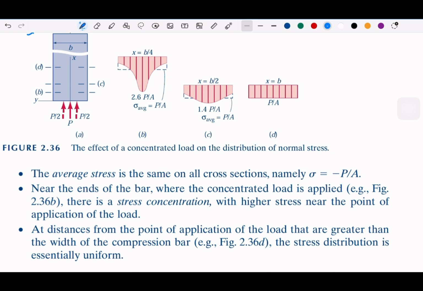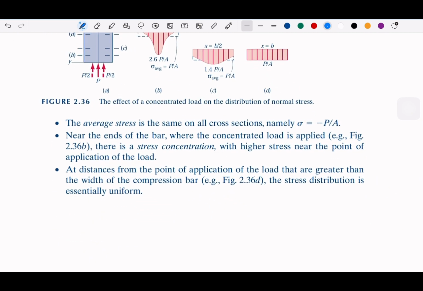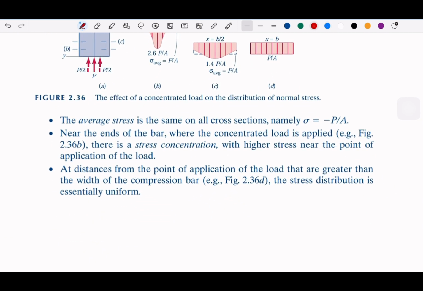Now the third one here, this is what we call the Saint-Venant principle. So what does it say?